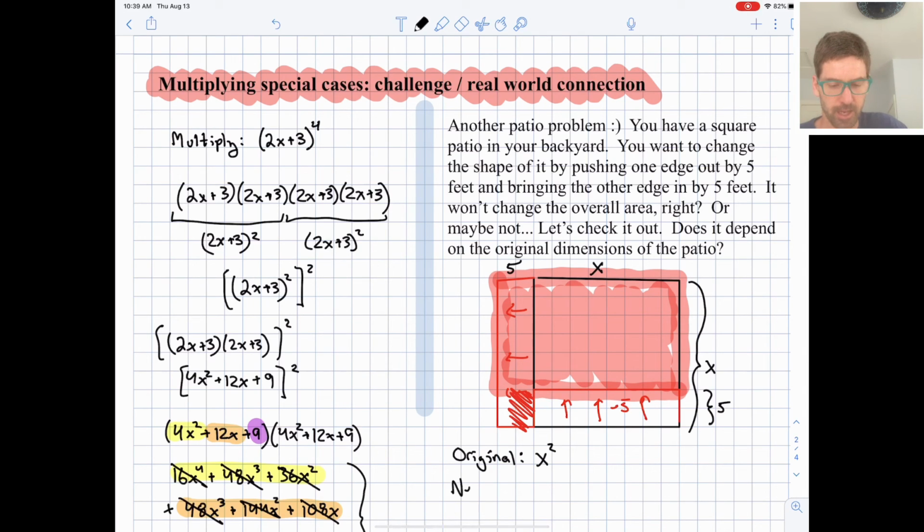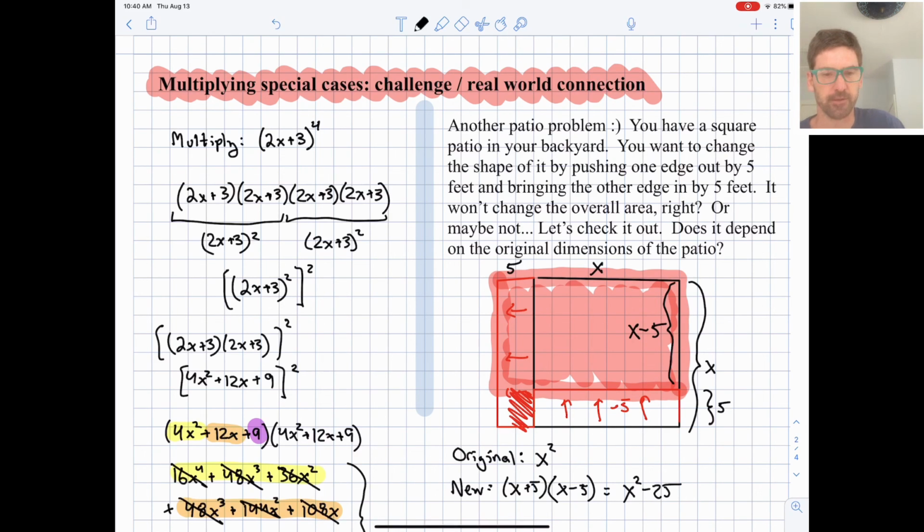And our new patio is x plus 5 times x minus 5. I hope you can see that this new dimension here is going to be an x minus 5. All right, let's FOIL that out. Let's multiply it out. That's a special case. It's going to result in a difference of two squares, and we have x squared minus 25.